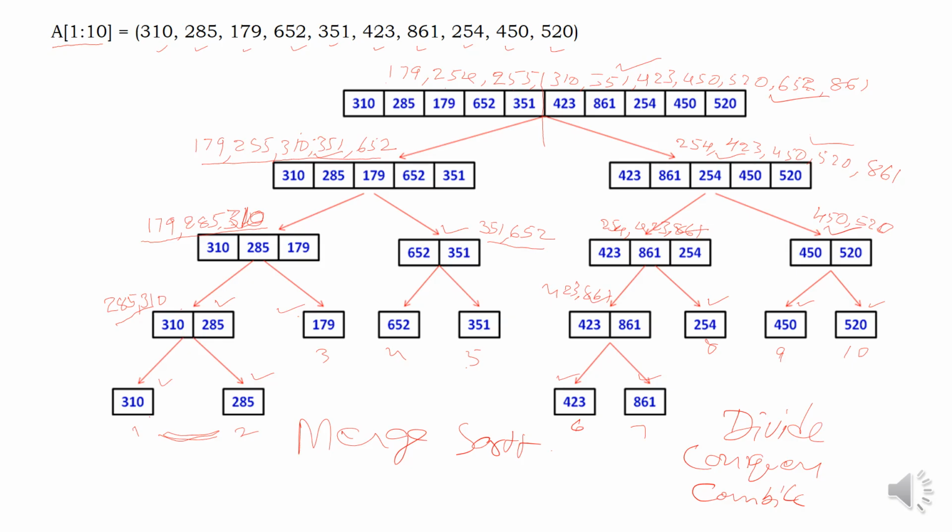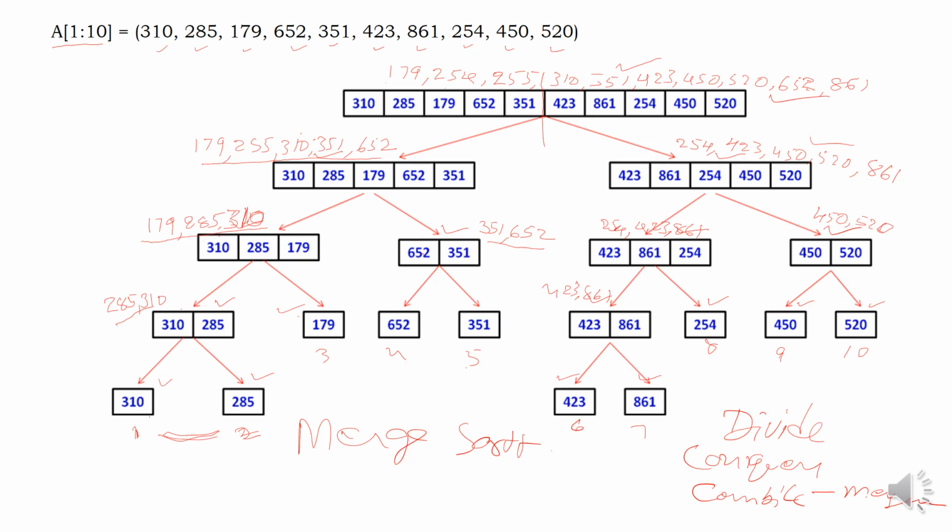So this becomes a sorted array and this becomes a sorted array, so that we got 10 sub sorted arrays. These sub sorted arrays are combined together. Combining is nothing but merging. So two sorted arrays are merged into one sorted array. Here, these two sorted arrays are merged into one sorted array.